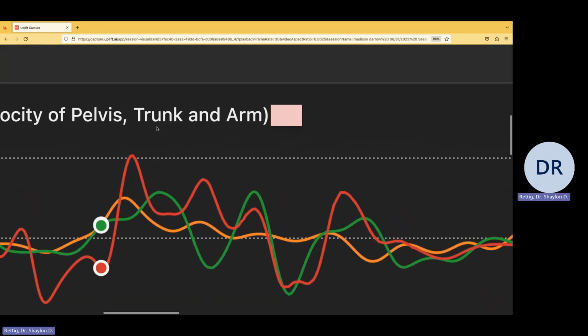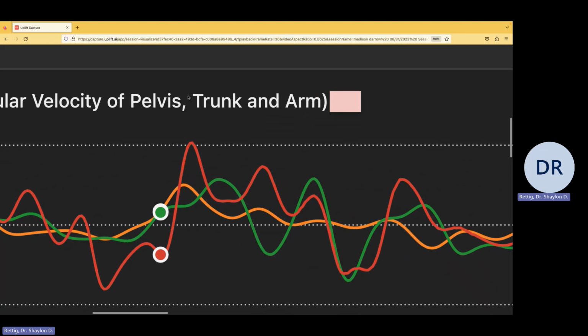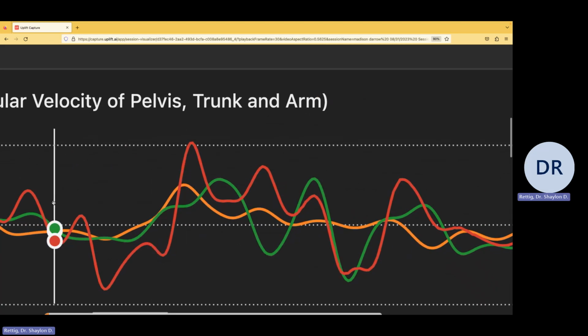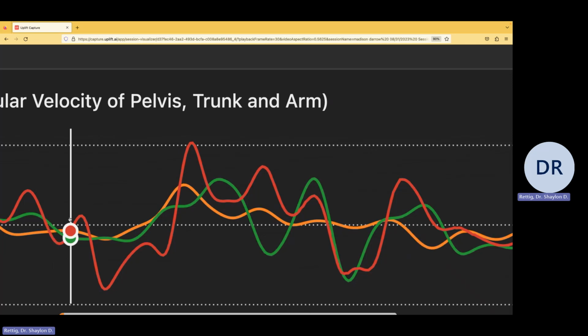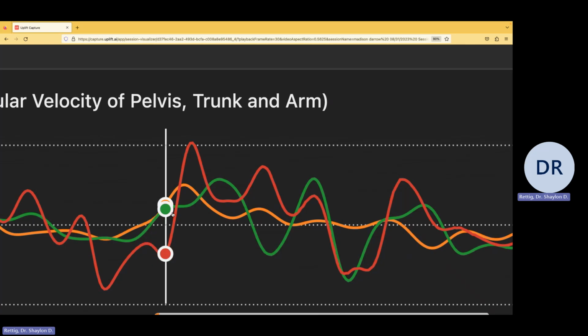And what we're looking at here is how you're sequencing. So the orange is your pelvis, the green is your trunk or your shoulder, and then the red is your lead arm. When you go through the swing, we want you peaking with your hips, the orange.